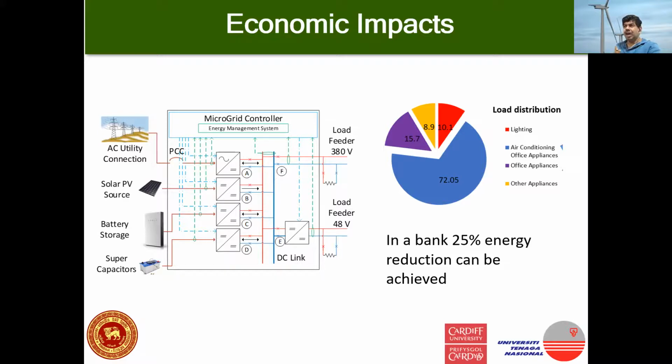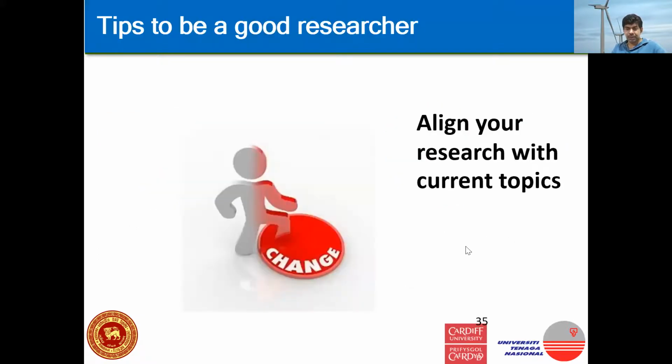Everywhere you have an AC to DC converter, and that's basically wasting a certain amount of energy. So if you use this DC microgrid concept, your bank will have a 25% energy reduction. That will be very useful for the bank to reduce energy usage.